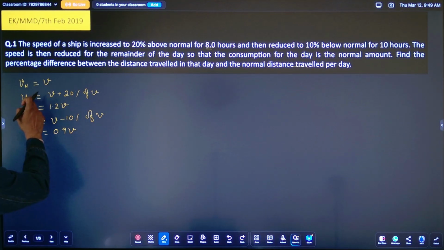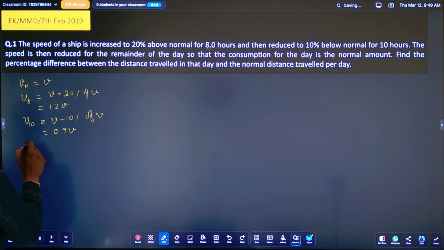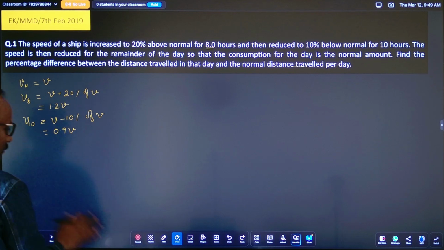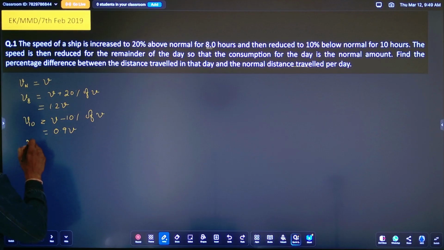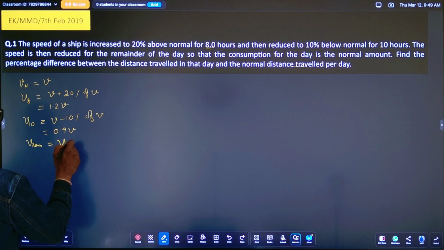So how many hours are left now? 8 hours already ran, 10 hours already, 18. So 24 minus 18 is 6. So let us say the speed for remainder of the day is V6.